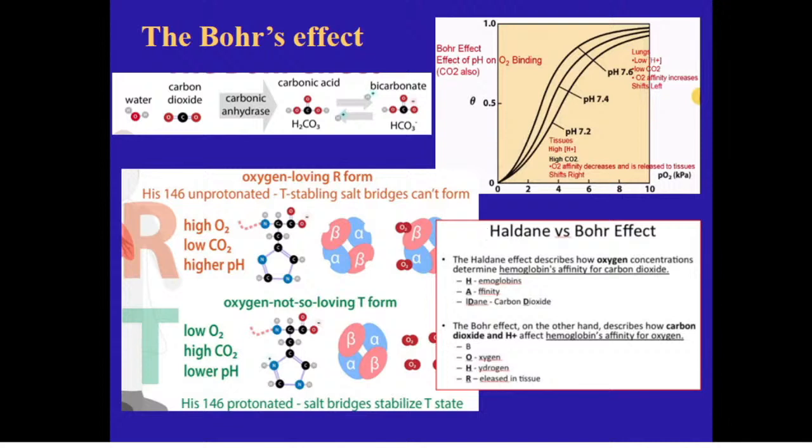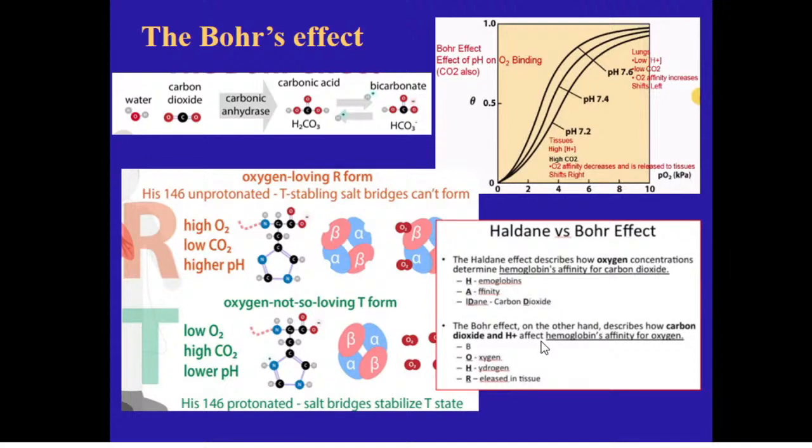the Haldane effect. So look, the Haldane effect describes how the affinity of hemoglobin to oxygen depends on carbon dioxide. The Bohr effect describes how this hemoglobin affinity depends on protons, on pH. And this is a mnemonic rule, how to remember this.